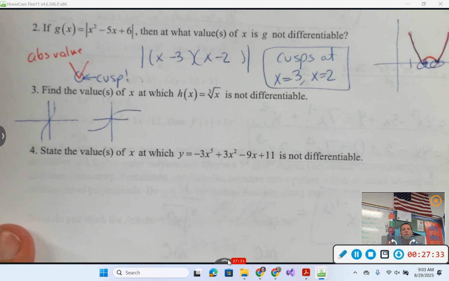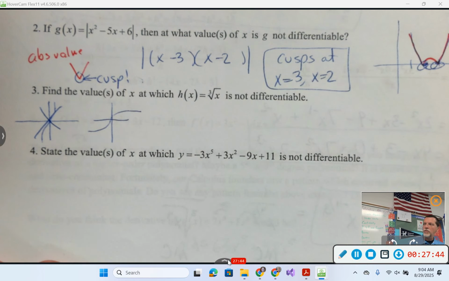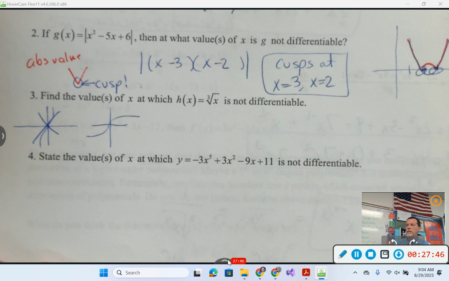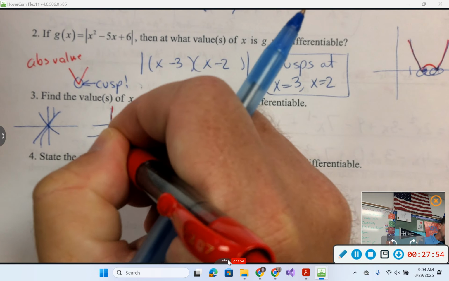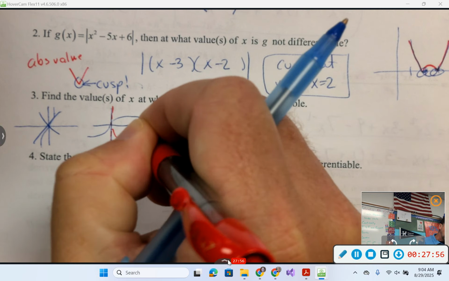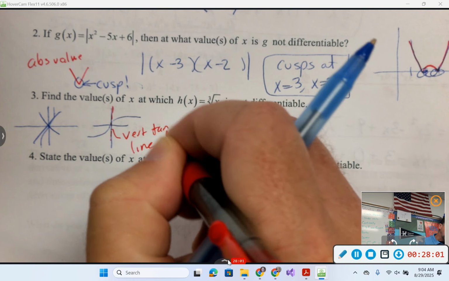I couldn't tell which one you were drawing because they look kind of similar, especially in an air graph. So which one of those is cube root? The second one. That one's x cubed. So cube root is that. Thank you, sir. So graphically, I don't know if you can see this, but there's a vertical tangent line at x equals 0.